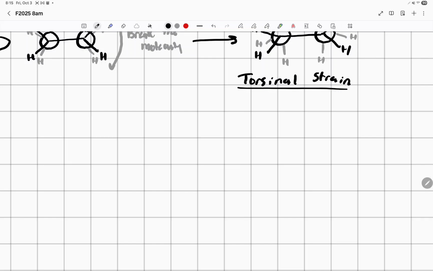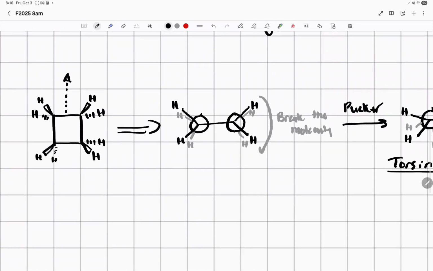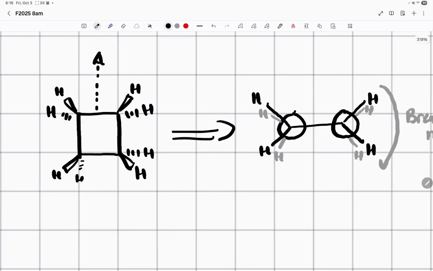So what we would expect, again, if we're wanting to adhere as closely as possible to our sp3 geometry as we can, we would predict that this would be essentially a planar molecule. And so just as we have over here on the left, we would expect that if we're just trying to follow hybridization.